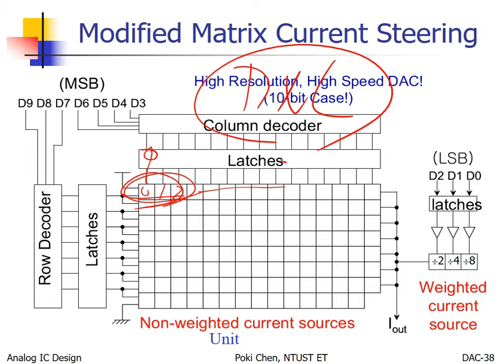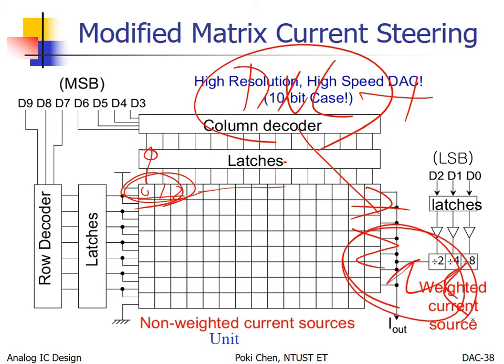Your DNL will have the same polarity, positive or negative, among labels. It's really harmful for INL, the most important specification for data converters. So you need to break the correlation or dependence among labels. How to make it? I told you already. You need to randomize the layout for them.